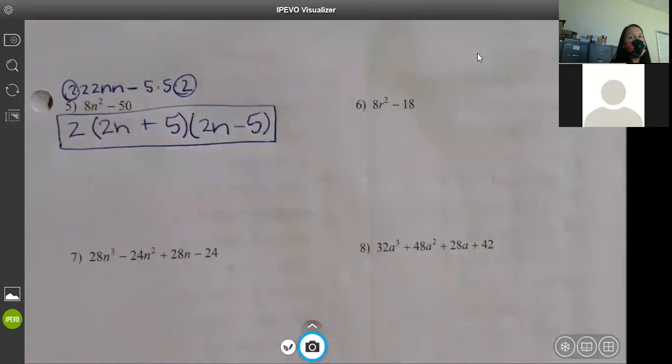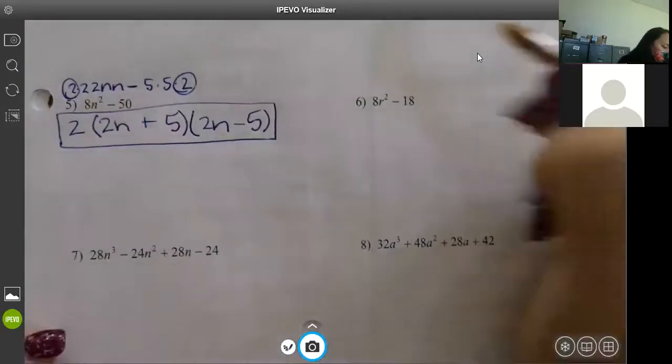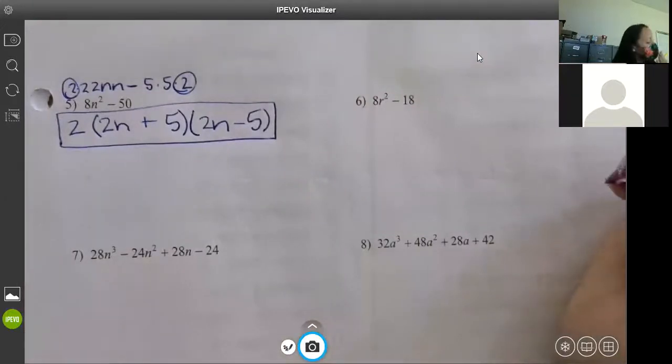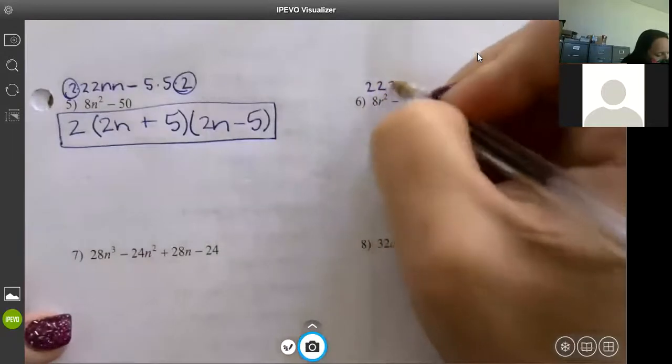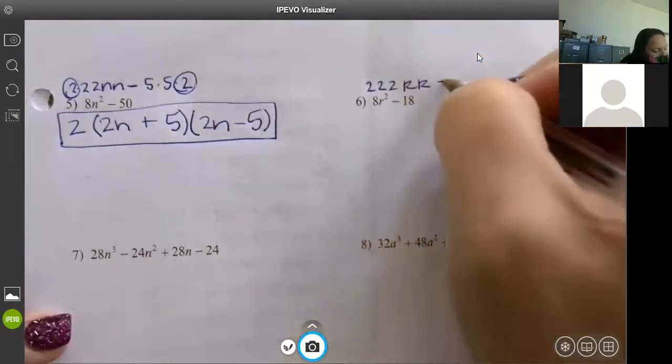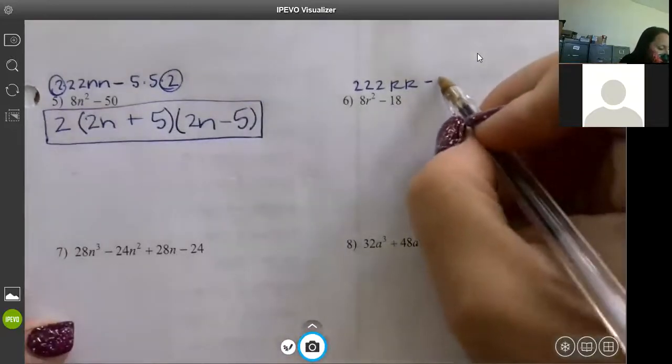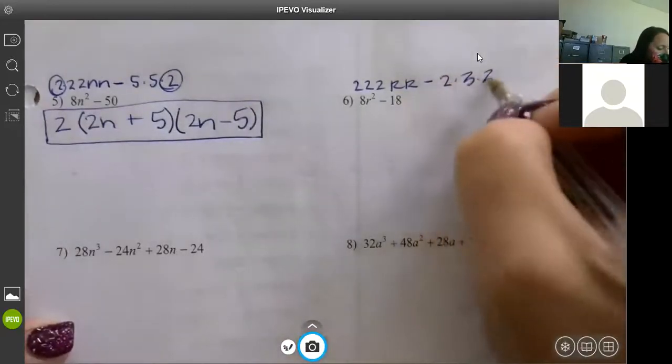All right, same thing on number 6. How do I break down 8r squared? 3 2s, 2 r's. 18, what are your factors of 18? 9 and 2. 9 is 3 and 3.